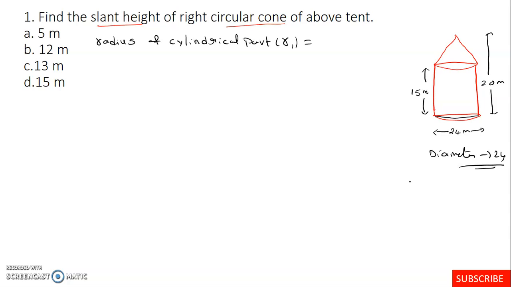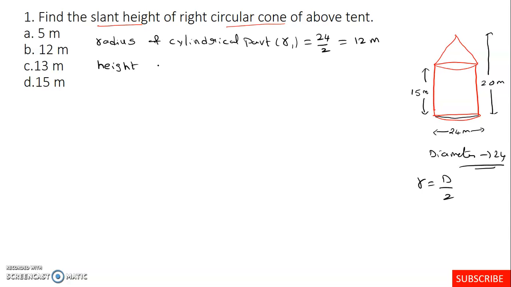Radius means diameter by 2, everybody knows. So here the diameter of the cylinder is 24, so the radius is 24 by 2, which is 12 meter.